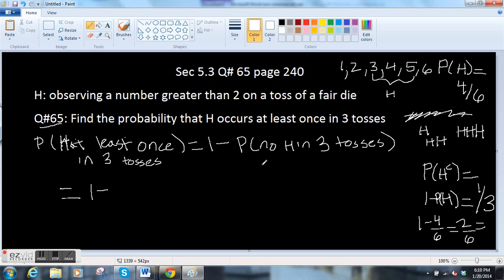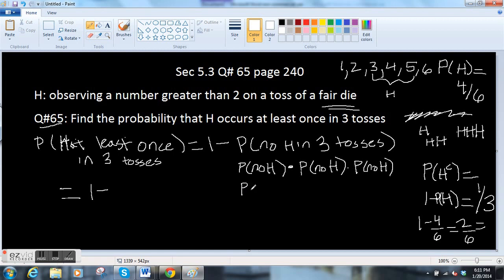tosses. Now, because this is rolling a die and they are independent, that means the probability of no H is really, I should just say H complement, on the first toss times the probability of no H on the second toss times the probability of no H on the third toss.